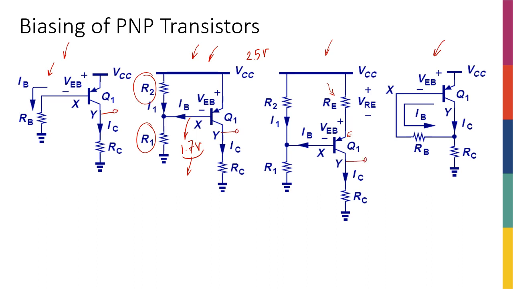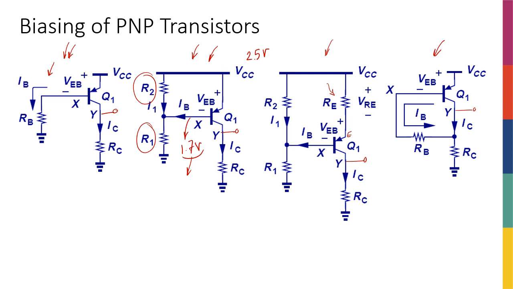Similar to the NPN, if Vout was at the collector there, Vout is going to be at the collector here as well. For the simple biasing, as I was saying, the resistor is going to be at the base, similar to what we had at the end with the NPN.